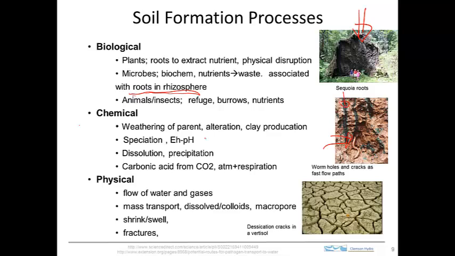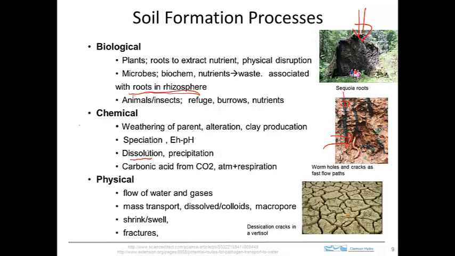Eh and pH conditions, the redox and the pH conditions, will be an important process that affects the speciation of minerals. So with a certain set of constituents, the Eh and pH conditions will determine what chemical species occur there.